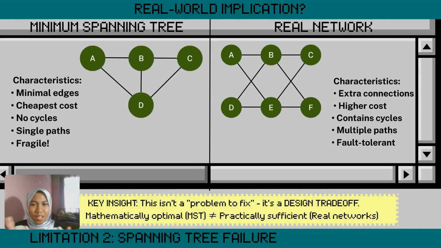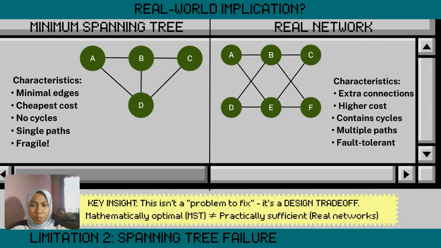To summarize this trees presentation, trees have two critical limitations we must understand. The first one is that an unbalanced binary search tree could degrade performance with sorted data, but we can solve it with self-balancing trees, like AVL trees and red-black trees. And the second one is that spanning trees are inherently fragile due to their no-cycle property.